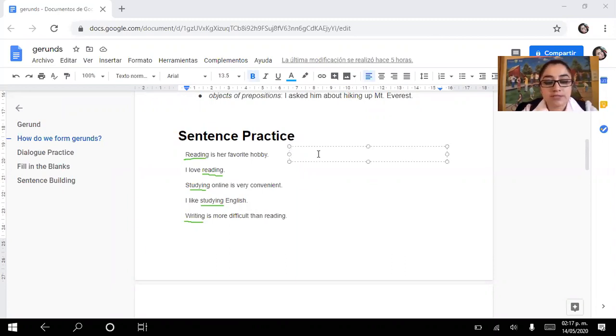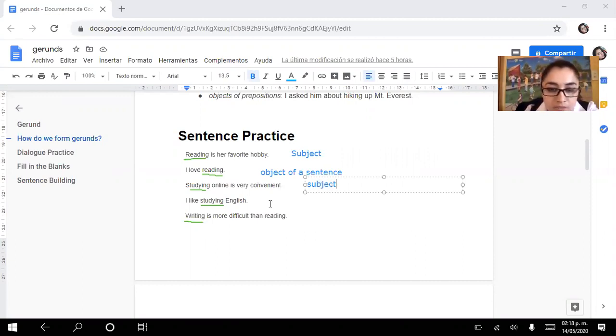Number 1, for example, is a subject. In number 2, it's an object of a sentence. Then number 3 is a subject again.